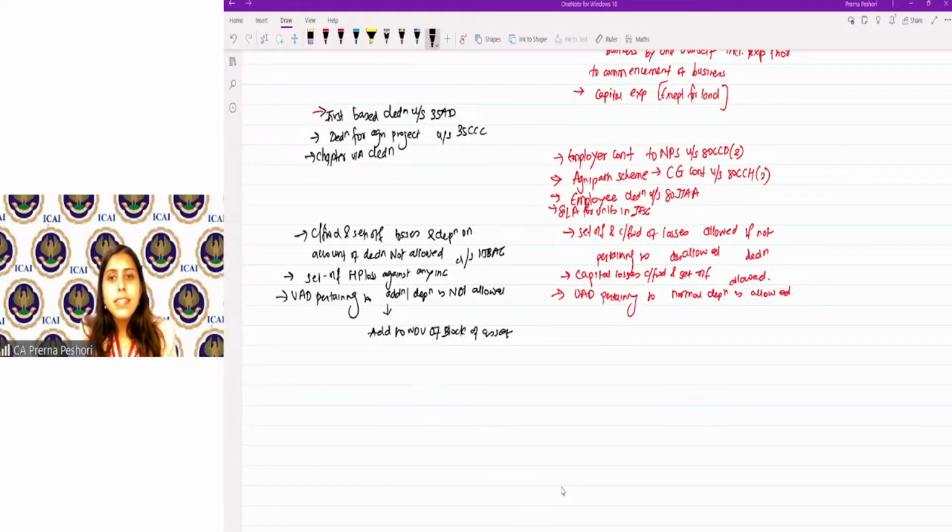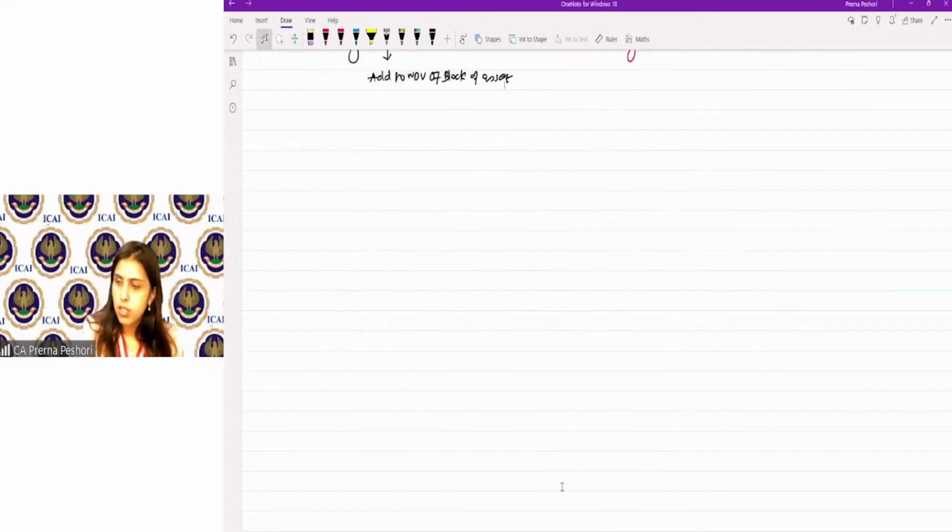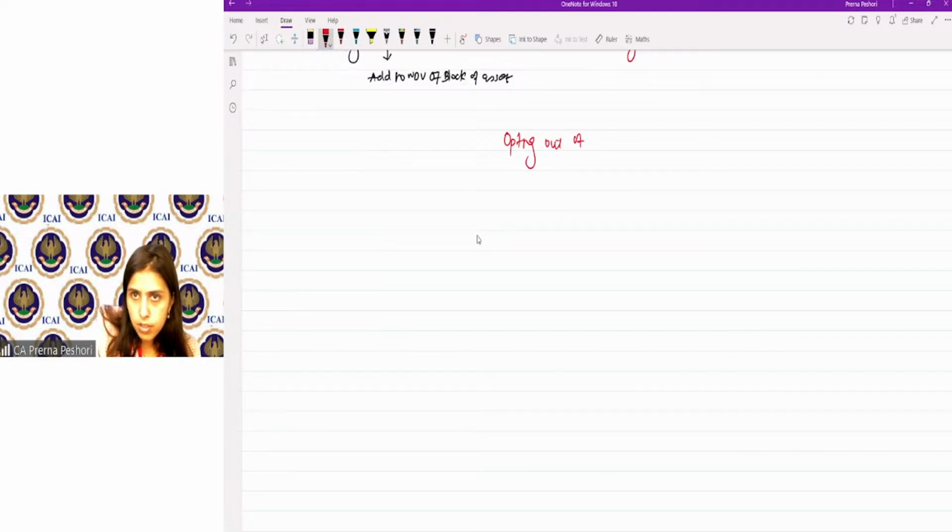Okay. Now, what is the time limit for exercising the option to opt out of the default regime? So, let's write down. Opting out of default tax regime. Assessee with business or profession.